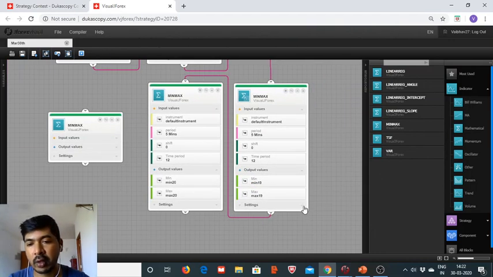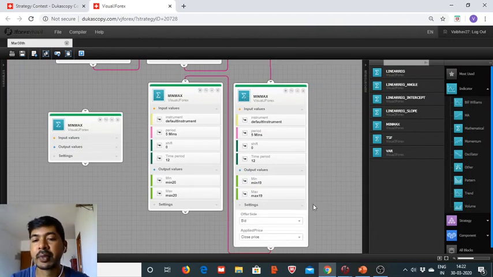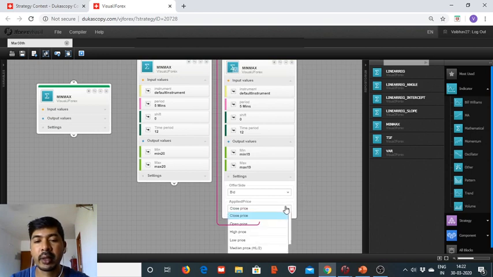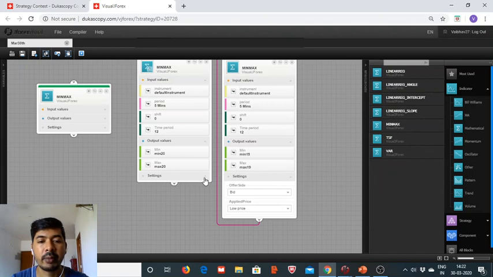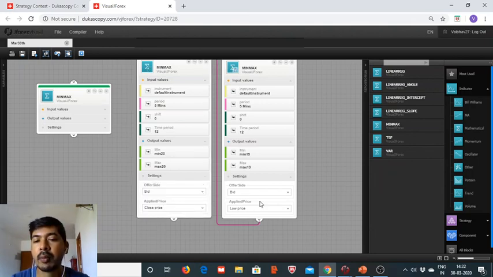One will be the bid low price and another will be set at ask side on the high price for checking the maximum values, and bid with low price will be utilized to check for the minimum values, ask and the high price.